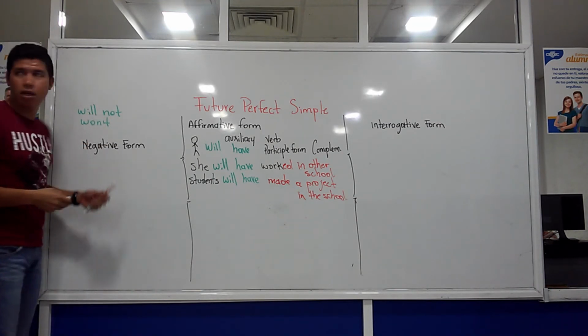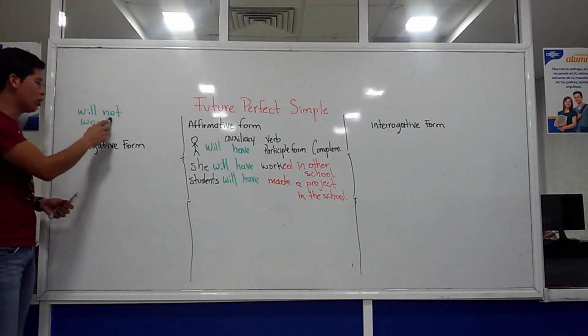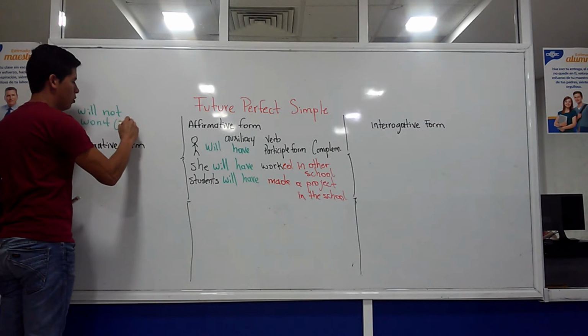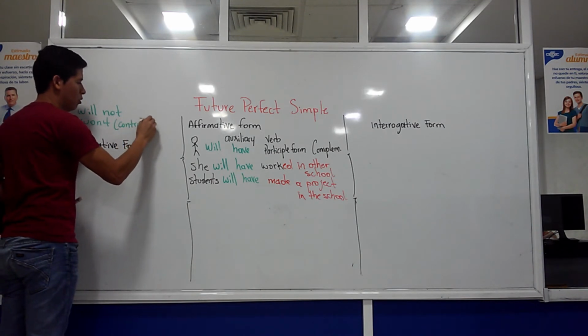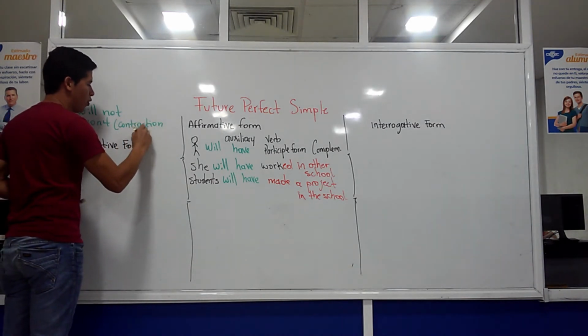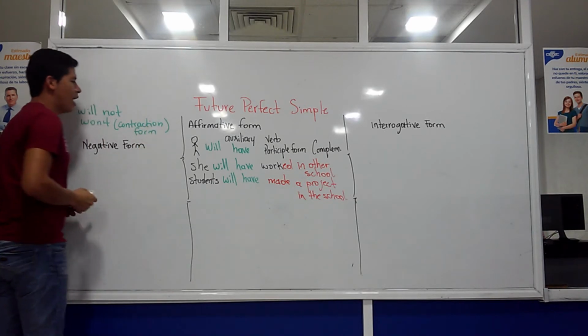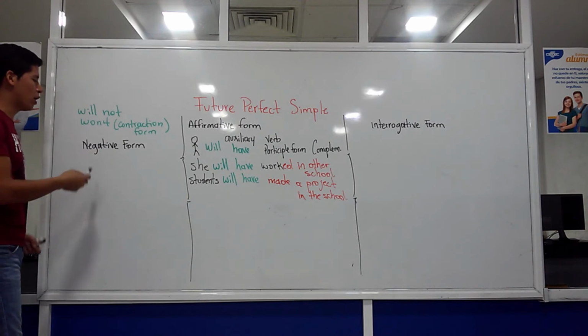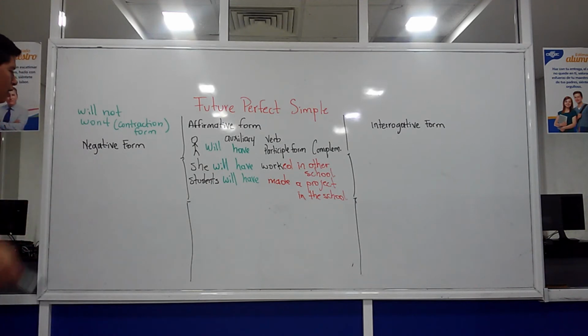In negative form, you can use will not or won't. That depends on the way that you want to pronounce it, what you want to use.